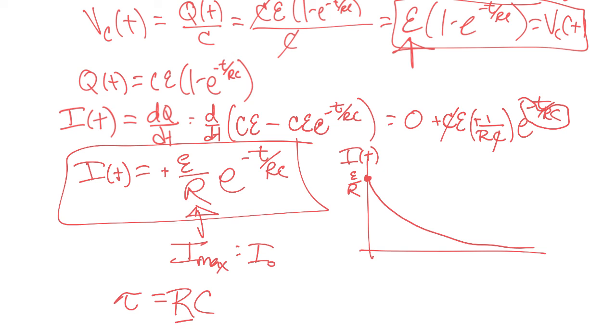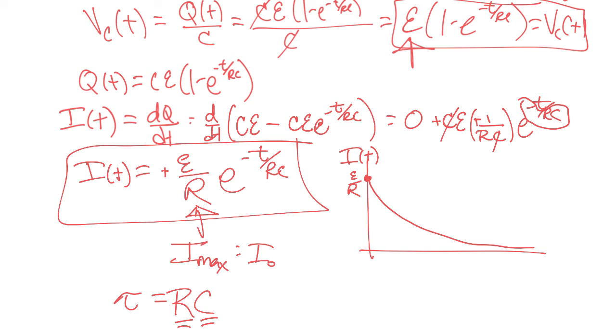So if you have a bigger resistor, then it's going to take a longer time for these decays or growths to happen, and same thing with the capacitor. If that's bigger, it'll take a longer time to charge or discharge.